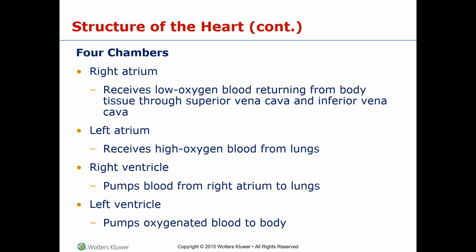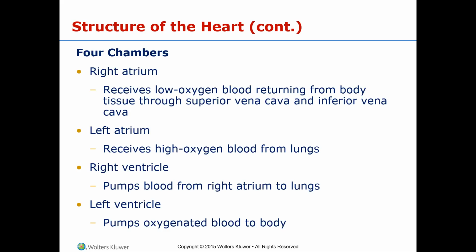The other upper portion of the heart is called the left atrium, and that receives the blood that has been pumped from the right atrium out to the lungs, and it's going to pump it back from the lungs to the left atrium, and it will be high in oxygen.